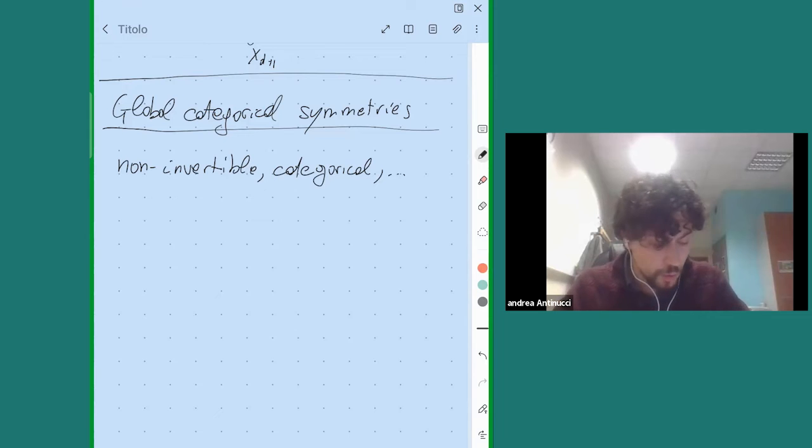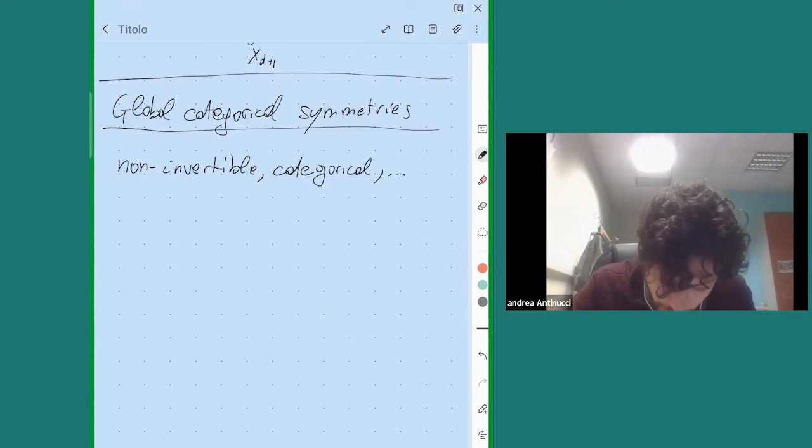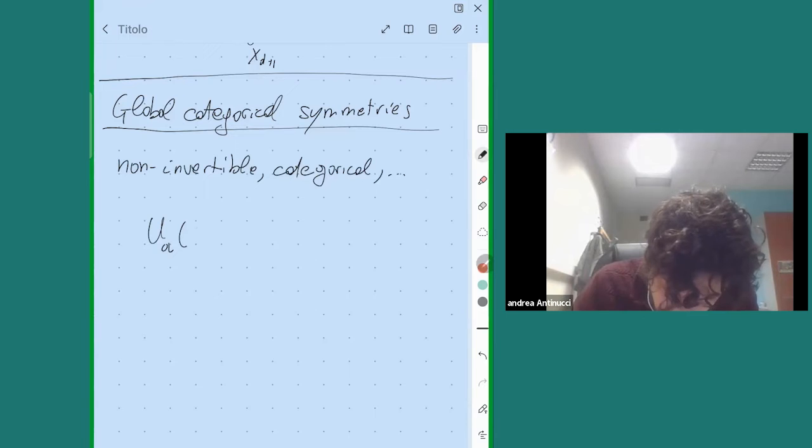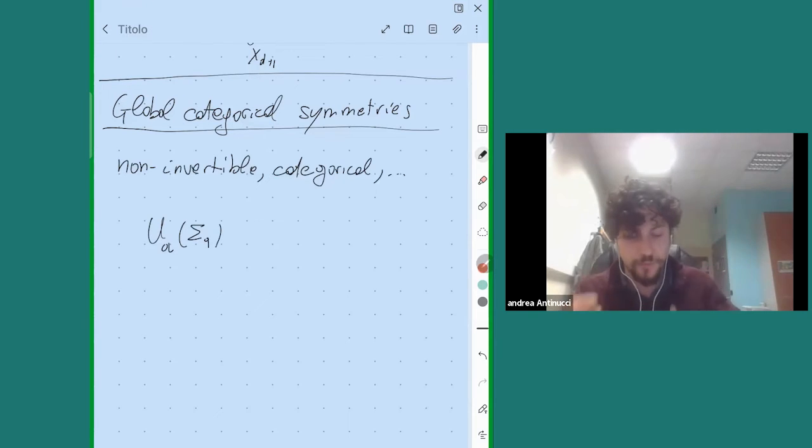The characterization is that you have certain topological operators supported on some submanifold of the codimension that you want. So you can have even non-invertible higher-form symmetries or whatever, which are not associated to any kind of transformation of the fields in the path integral. For this reason, there is no reason why they have to fuse as a group.